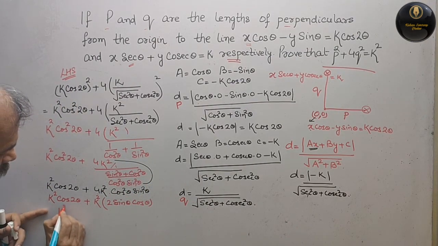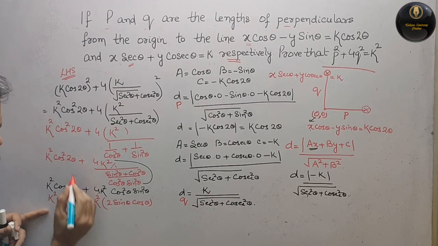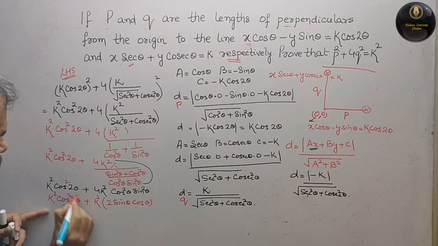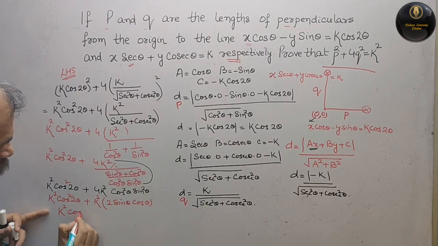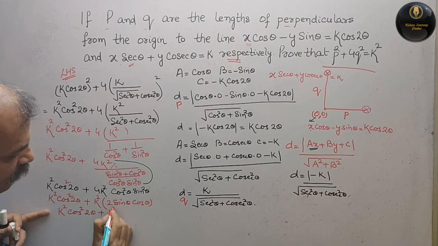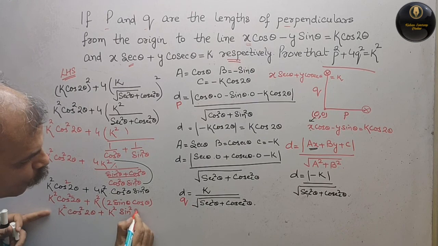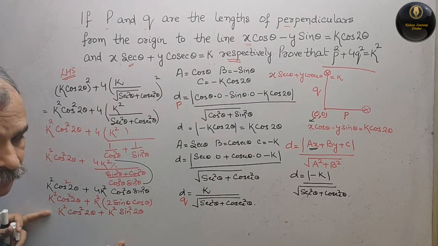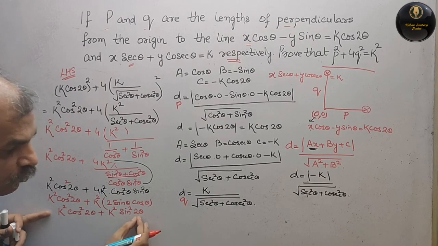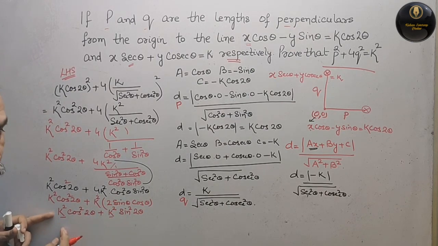So now it will come as k square cos square 2 theta plus k square over sin square 2 theta, which is k square cos square 2 theta plus k square sin square 2 theta. Now you can see k square is common.